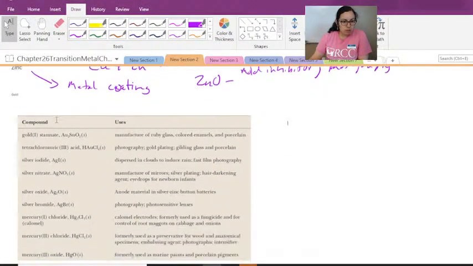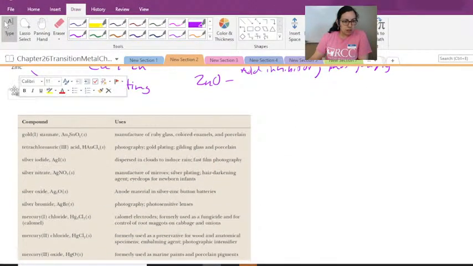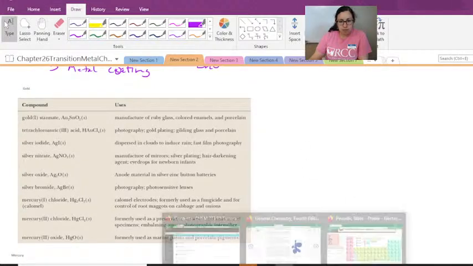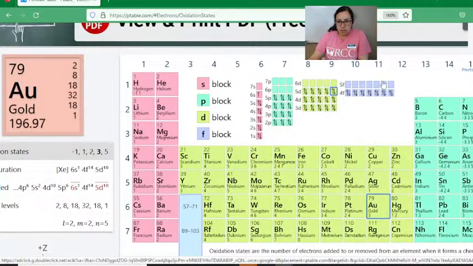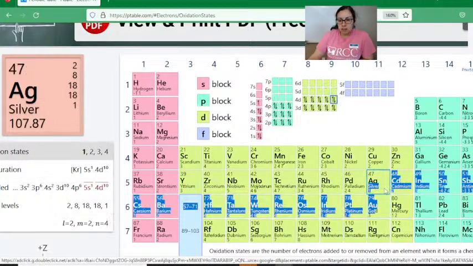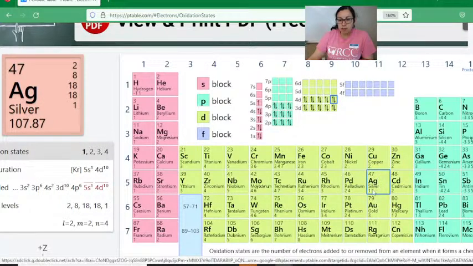And now we'll look at gold, and 2 of our metals here. Gold is back in group 11, so this is considered D11 with how it behaves. These tend to make either 1+ or 3+ ions with gold, so they behave similarly to silver.